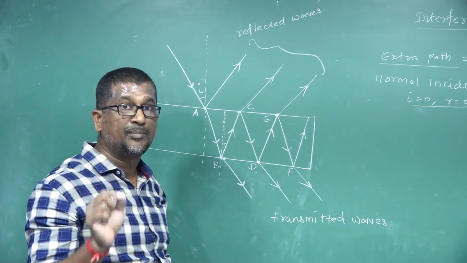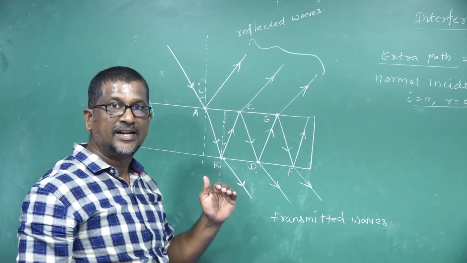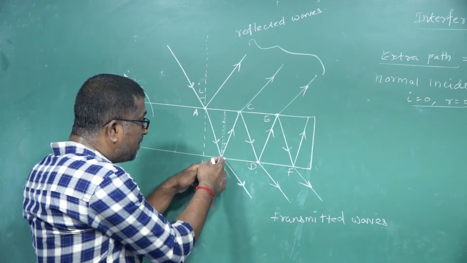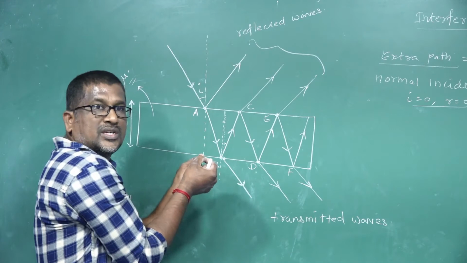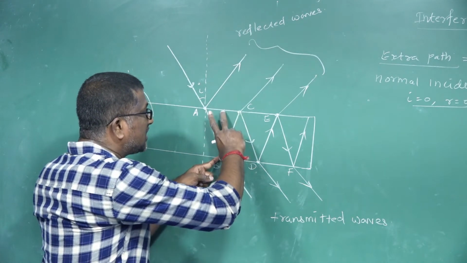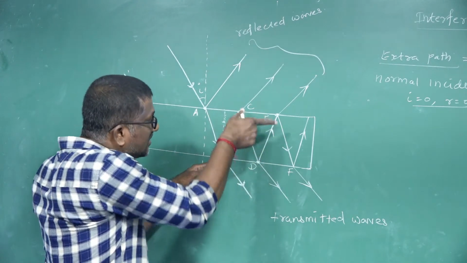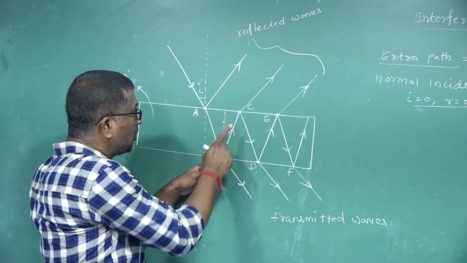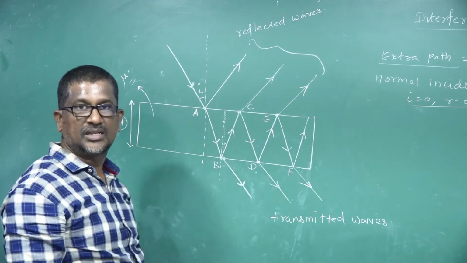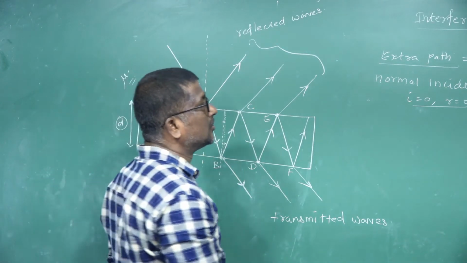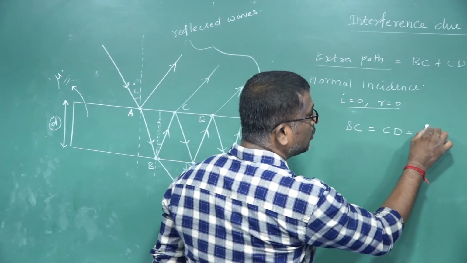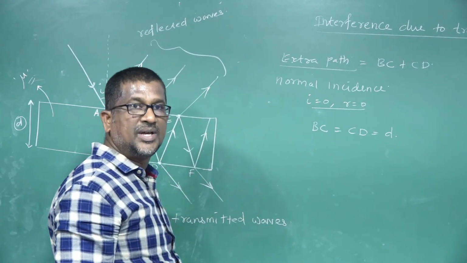So this is a very important condition. So BC is equal to CD is equal to the thickness of the thin film.